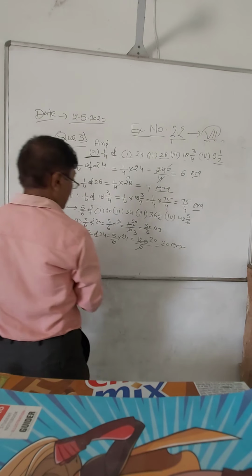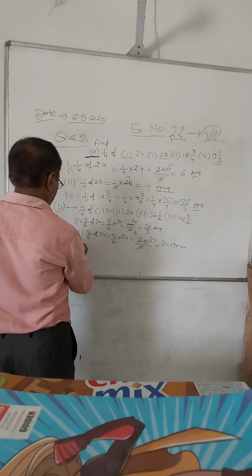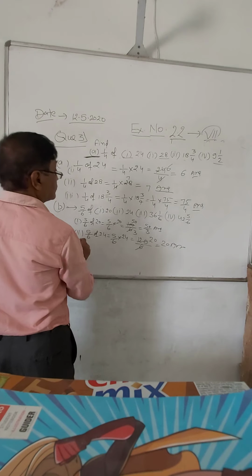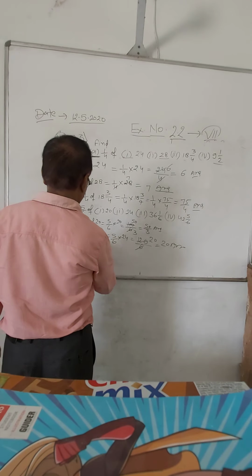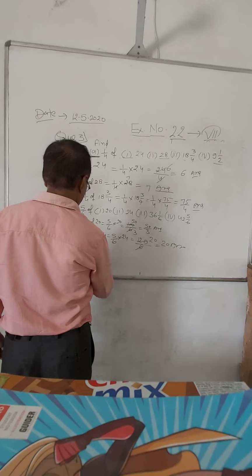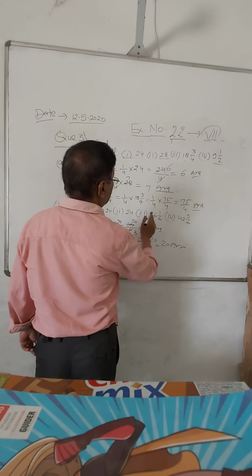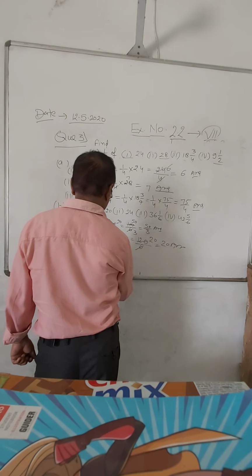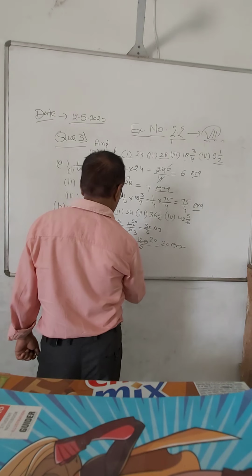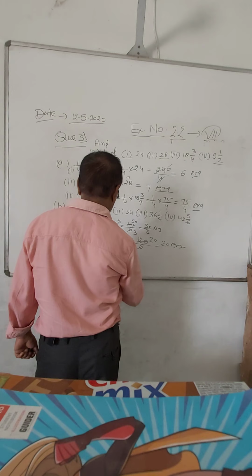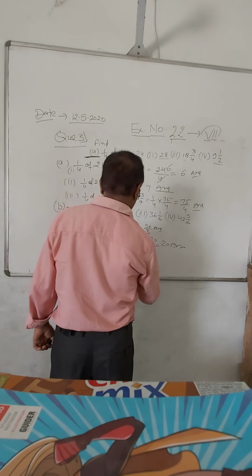Take one more example. Third, 5/6 of 36 whole 1 by 6 is equal to 5 by 6 multiplied by 36 whole 1 by 6.